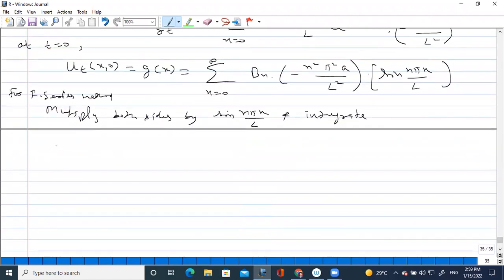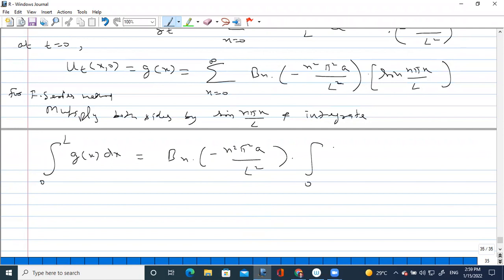So this side it will become integral 0 to L g(x) dx, equal to this side, where this whole coefficient will come out. It will become b_n into minus n square pi square a by L square into integral 0 to L sin square(n pi x by L) dx.